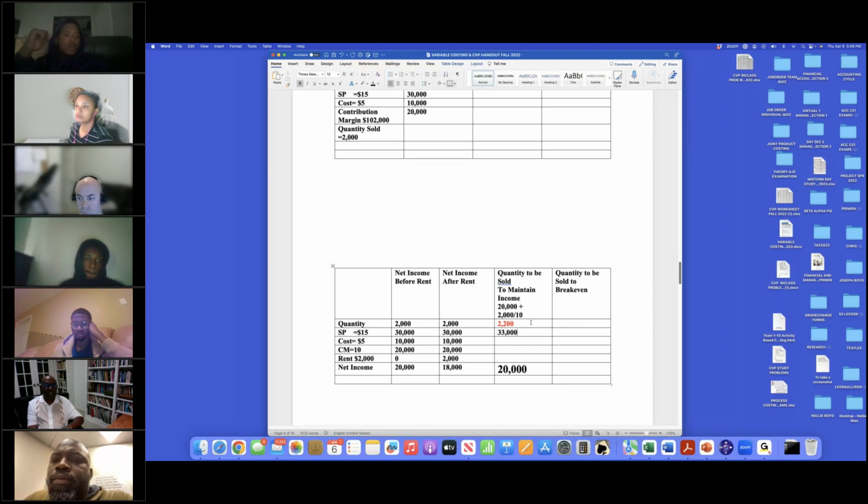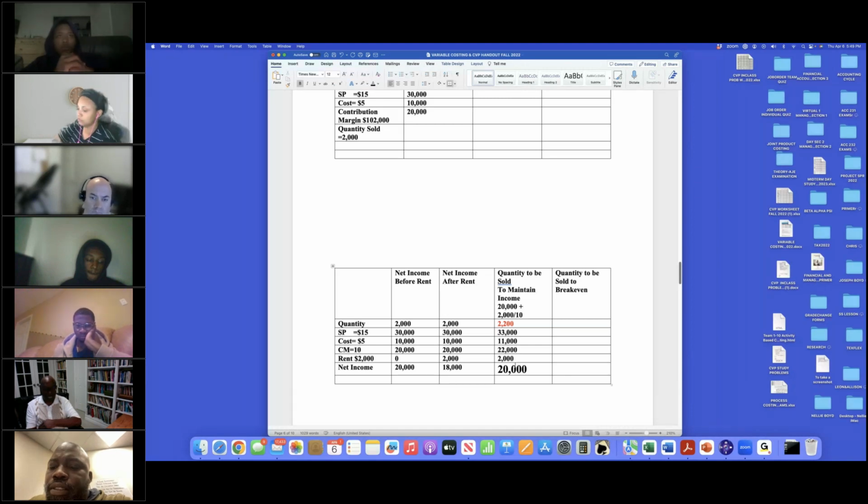What's 5 times 2,200? 11,000. Well, now this dollar contribution margin is 20,000. When we subtract that $2,000, we get the 20,000. So that's one of the formulas we learned last time.